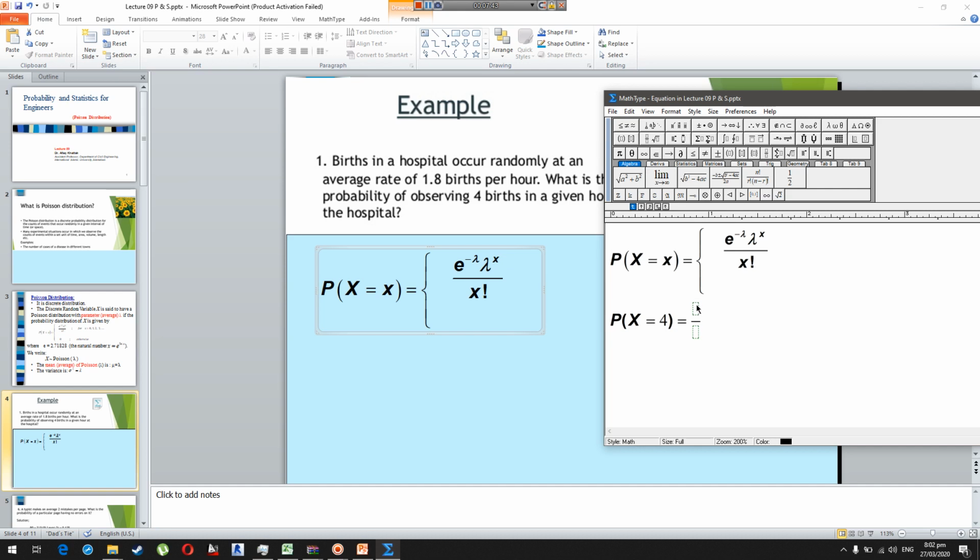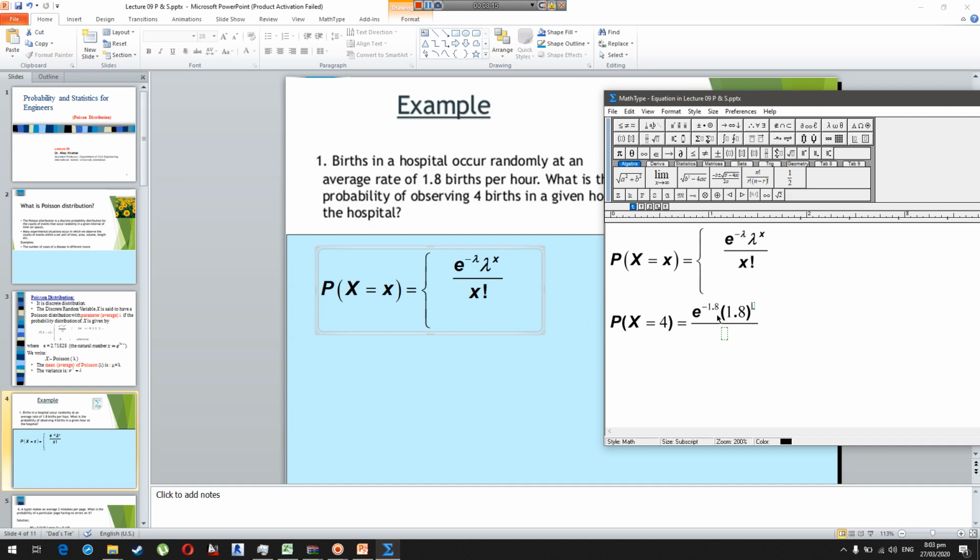So e is 2.718 to the power of minus 1.8, because the average rate is 1.8, and then multiplied by lambda, that is 1.8 to the power x.